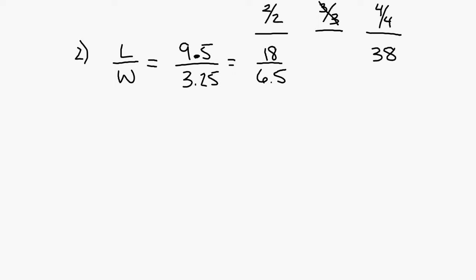And 3.25 times 4, you get 13. These are both whole numbers, and they're in simplest form. So there's your ratio of length to width using whole numbers.